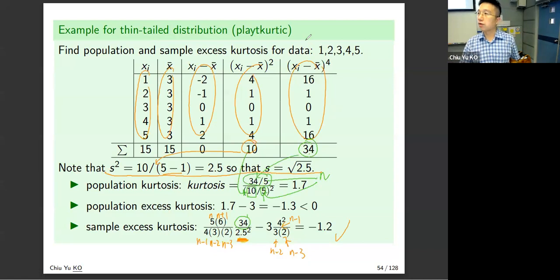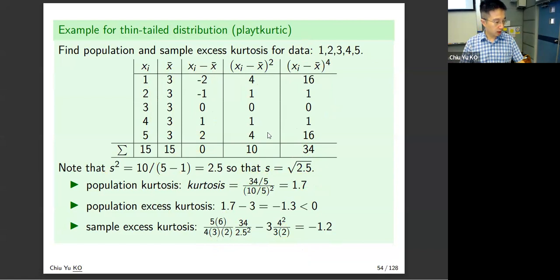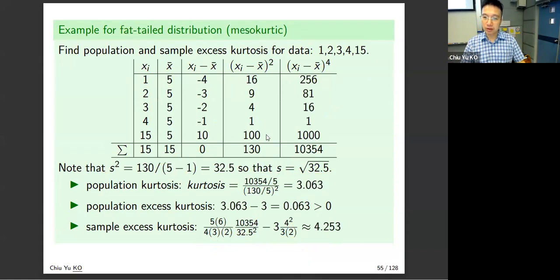Okay, I erase it. So for the last 5 minutes, or 3 minutes, maybe I shouldn't continue, but I'll just finish this example, and we're done. So you can see this example. It's the same thing, right? We want to calculate kurtosis, right? So the idea is very simple. Just go again.